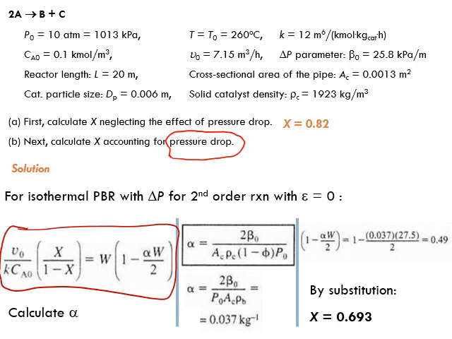So you operate at lower pressures. When you operate at lower pressures, you end up with higher volumetric flow rates, right? Higher volumetric flow rates lead to lower concentrations inside the reactor. Lower concentration leads to lower rate of reaction. Lower rate of reaction leads to lower conversion for the same mass of catalyst compared to a case where you do not have pressure drop.